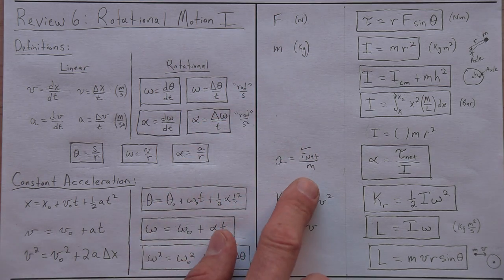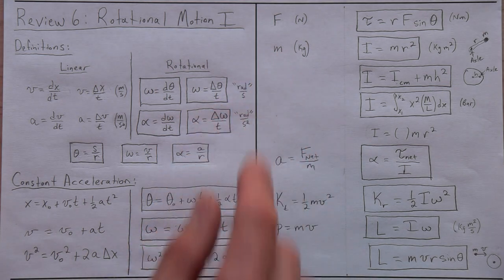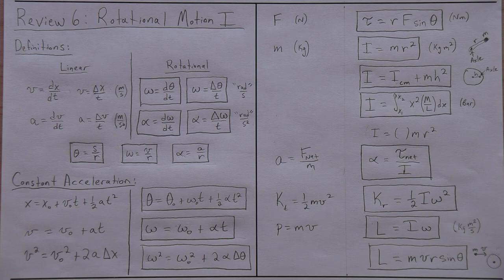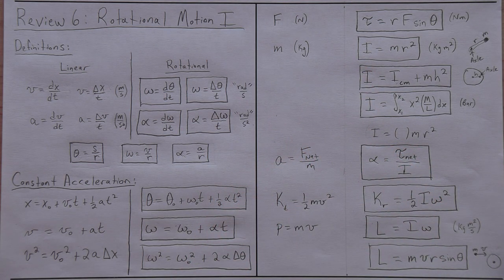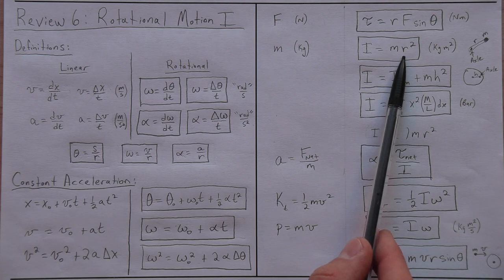All that matters is the mass, not how the person is standing or sitting. When it comes to rotation, the geometry of the mass matters. A person's rotational inertia changes as their arms go in and out or they crouch into a ball or stand straight up. The most basic formula for rotational inertia is m r squared.